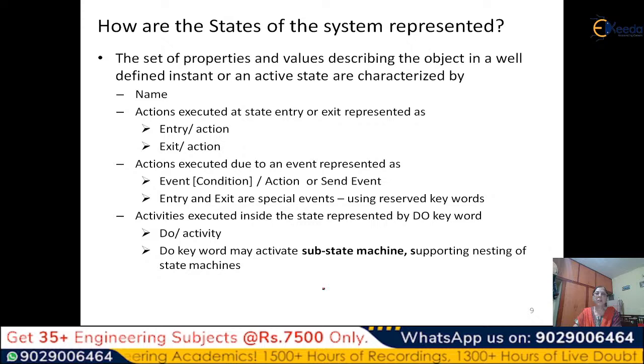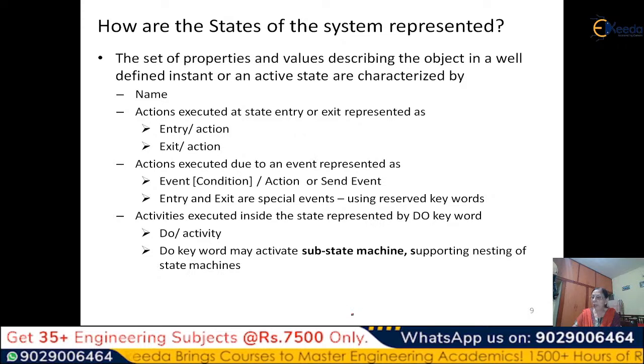So how are states of the system represented? If we want to make the state diagram, we need to know what standard we will follow. First of all, it will have a name. And it will also have entry and exit actions, which are executed when the state is entered or exited.